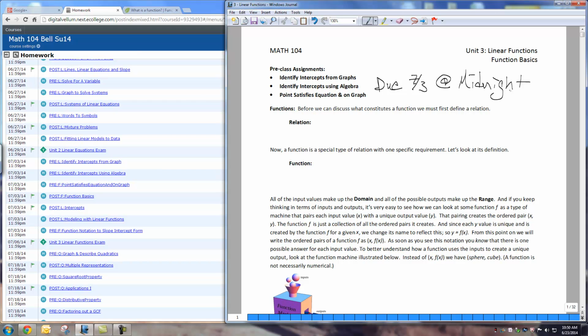This section basically takes your linear equations and casts them as a thing called a function. All linear equations are functions, so this is an easy transition. First of all, a relation is just some arbitrary set of points. In your previous unit, you were asked to tell me if a given set of points was linear, and you would check the slope.